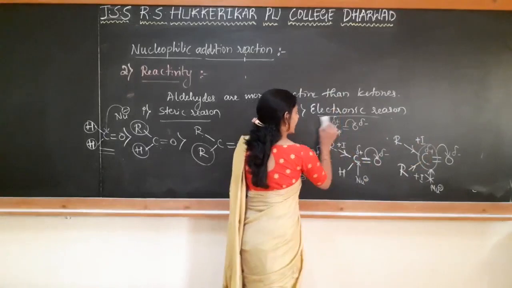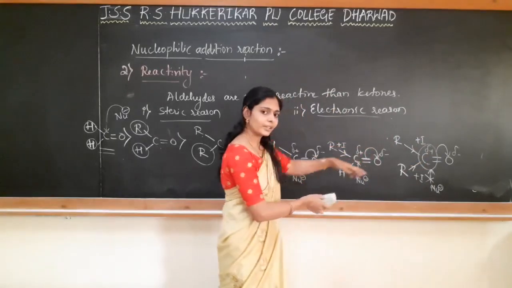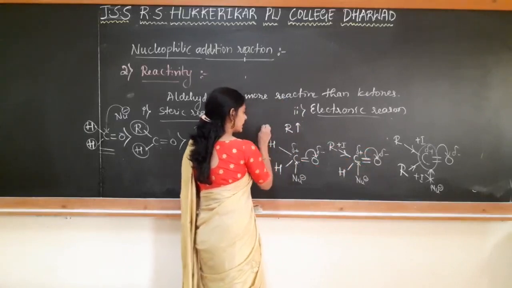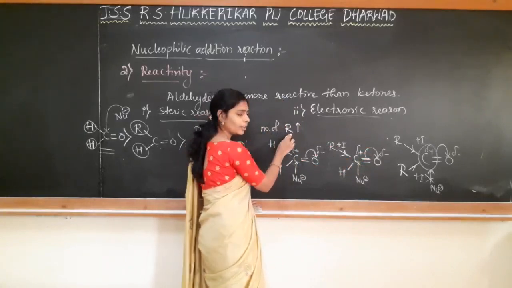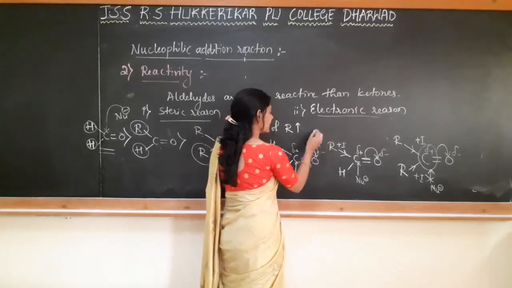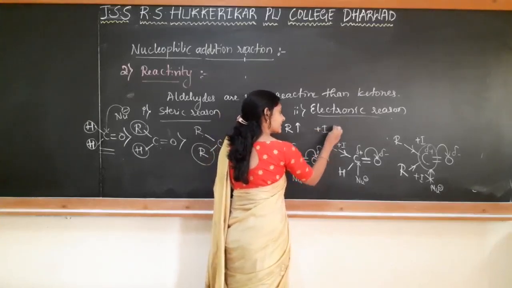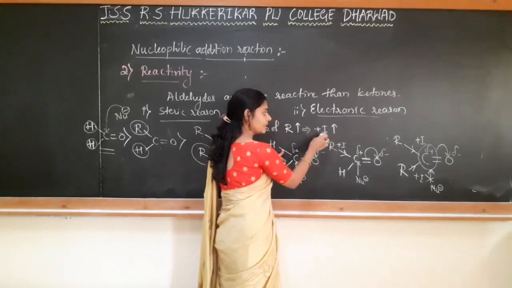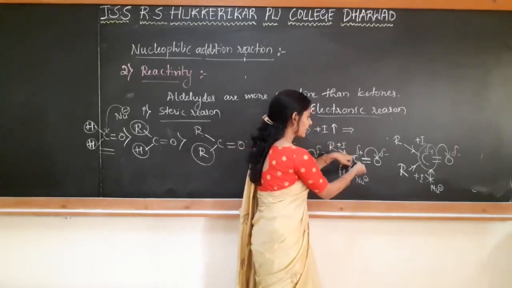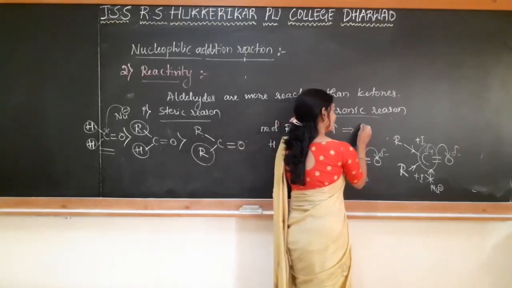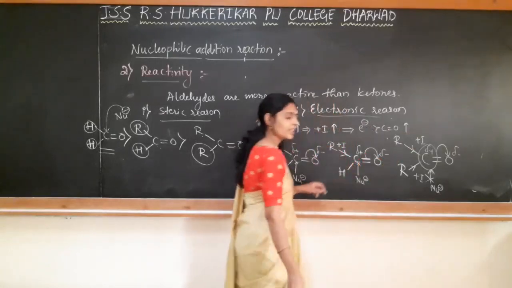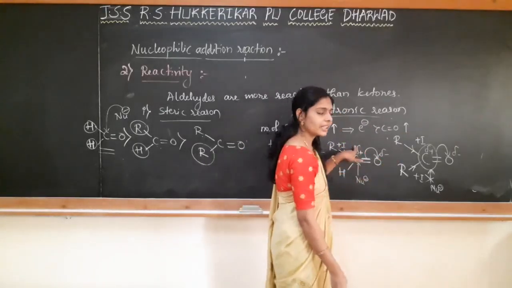What happens as the number of alkyl groups increases? As the number of alkyl groups, the number of R groups, increases, there is an increase in the plus I effect. As the plus I effect increases, what happens? The electron density on the carbonyl carbon will increase.